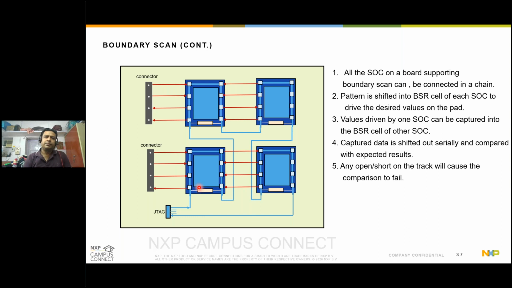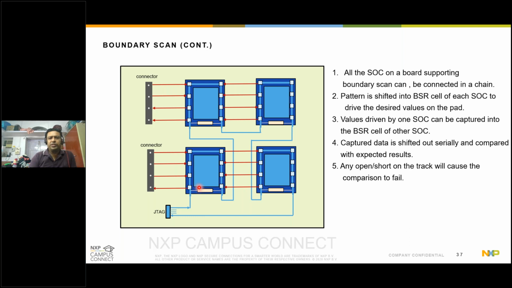Second last question. How does DFT affect area, power, and delay constraints? DFT definitely, since you are introducing more logic into the design, can have an area impact. Also, there are specific timing constraints associated with DFT because now you are operating your chip in a different mode than functional mode.